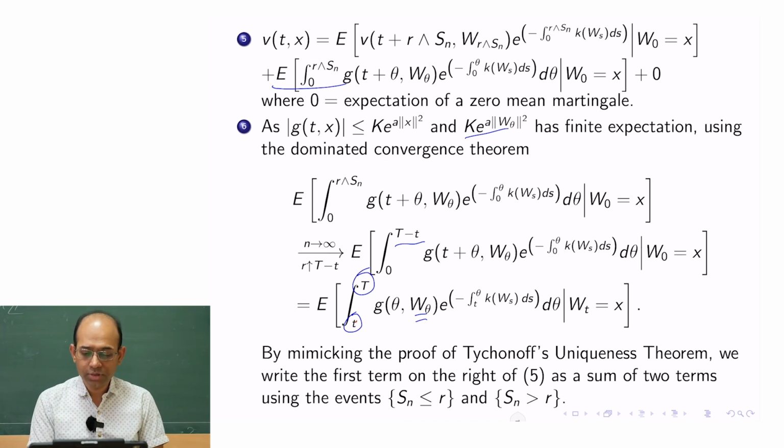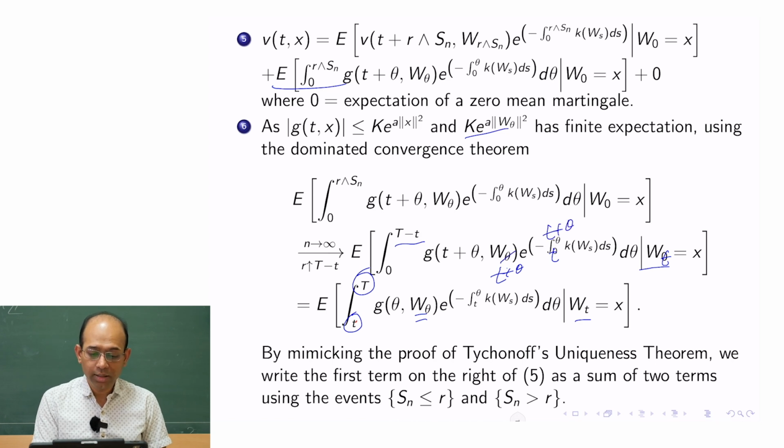So here first we have changed the time index of Brownian motion. So here w0 to wt, then this thing should have become t plus theta, w t plus theta, and here this 0 would become t, so the integration e to the power minus t to t plus theta should appear here.